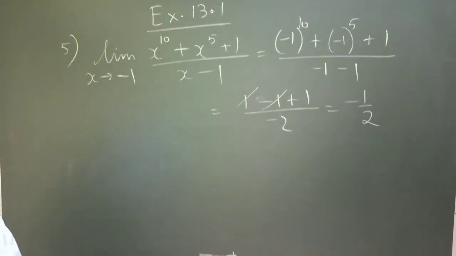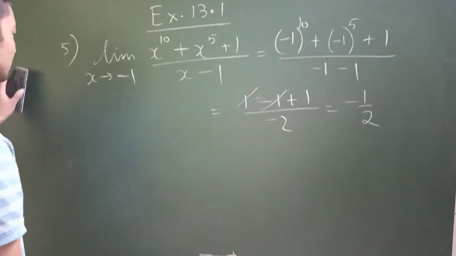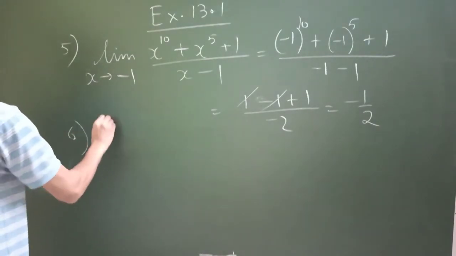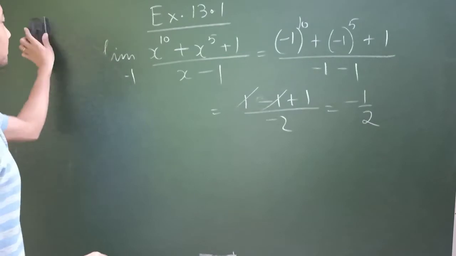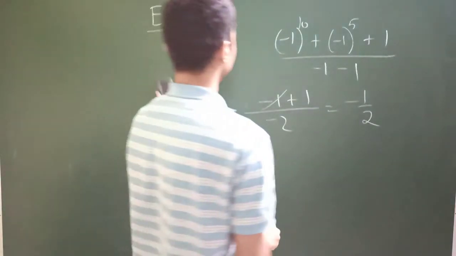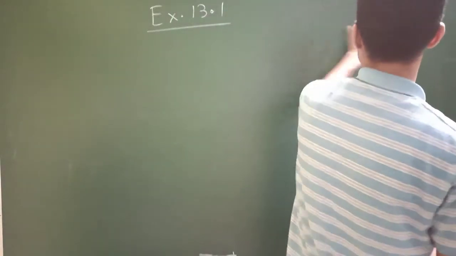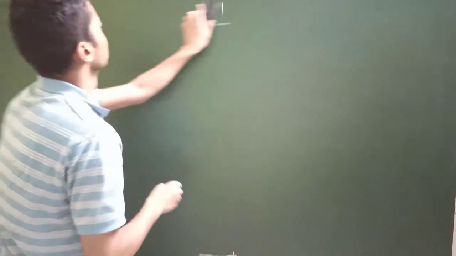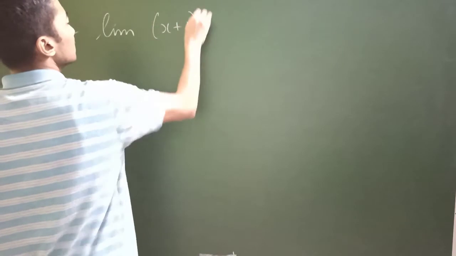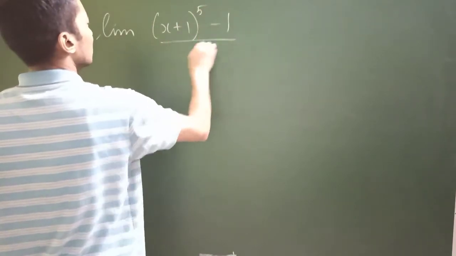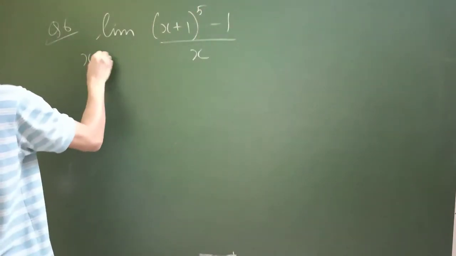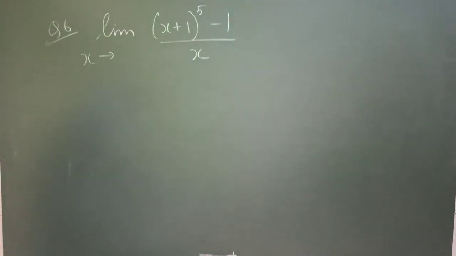Alright, now let's move on to a more interesting question, that is question number 6. That is the limiting value of the function ((x plus 1) whole power 5 minus 1) divided by x as x tends to 0.